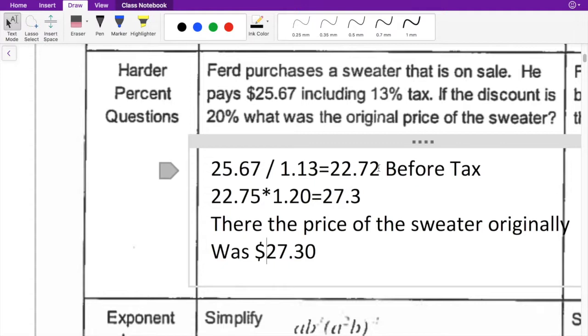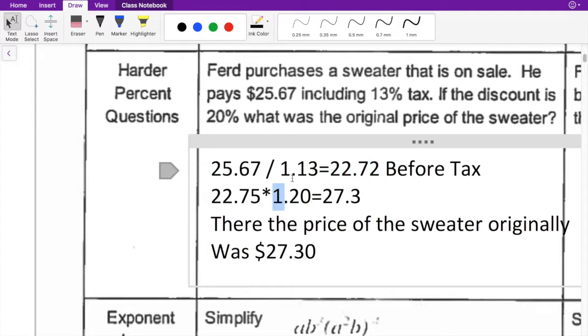Okay. So if we look back here, to go backwards, instead of doing times, we're doing divide, right? So we're dividing it by 1.13 to get back to the price before the sales tax. Then, instead of timesing it by 0.2 to find how much was taken off, we times by 1.2 to put back on that 20%.